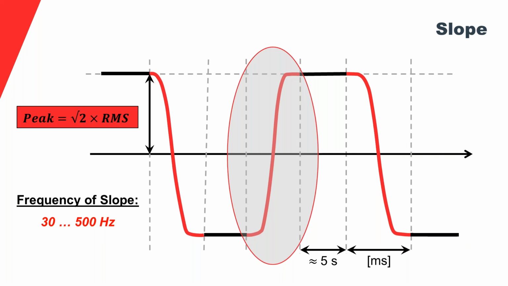So that's the reason why when you go to slope operation, let's say on one of our test sets, the slope is corrected by a factor of square root 2 to give you the right peak stress to initiate the same physics for the PD measurement. So there's a distinct difference between the VLF withstand testing and using cosine rectangular for the partial discharge testing. And that's perfectly fine. That's established.